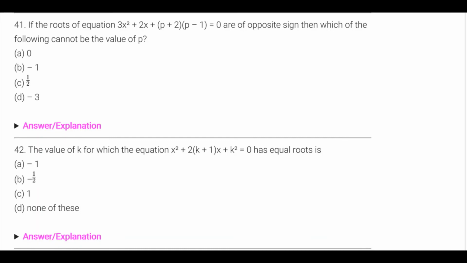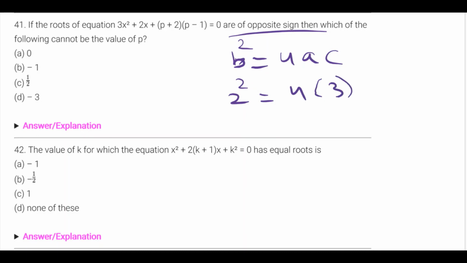41st question. If the roots of the equation are of opposite sign, then which of the following cannot be the value of p? So they are of opposite sign. So if b square equals to 4ac, then we don't get opposite signs, we'll get equal roots. So b square is 2 square and 4 into a is 3, c is p plus 2 into p minus 1, which is p square plus p minus 2.